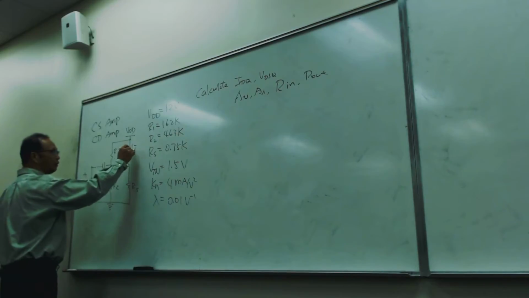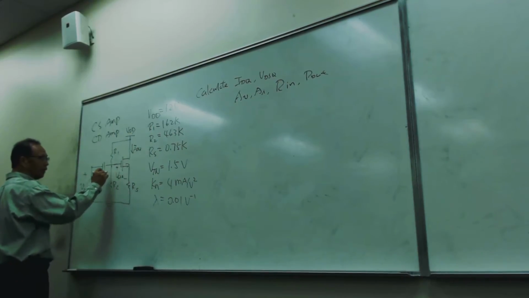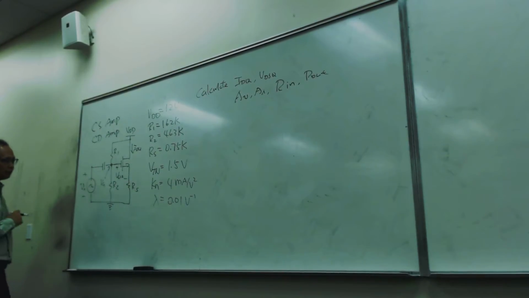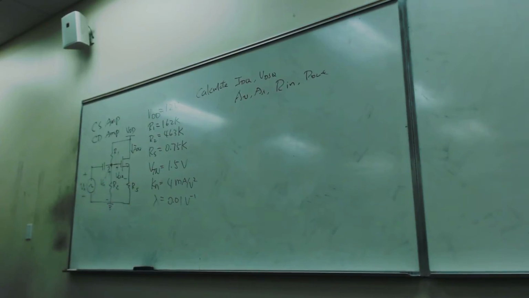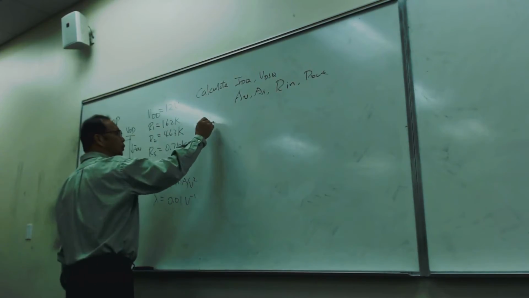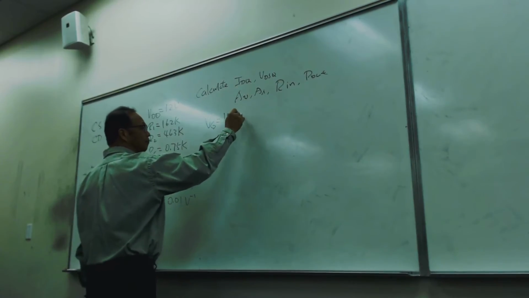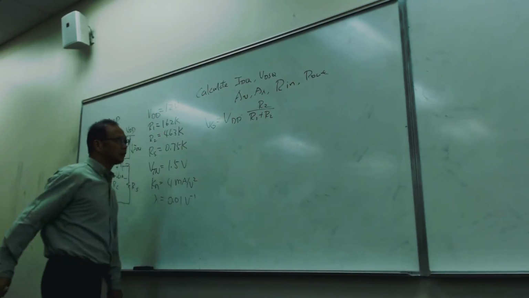So this is IDQ, correct? We have VDSQ, and I'm going to call this voltage here V sub G, correct? So basically, V sub G is the voltage across here, right? So V sub G, according to the voltage divider rule, yes?